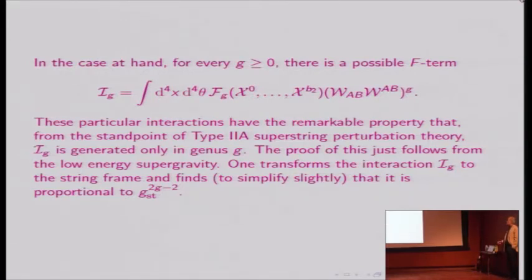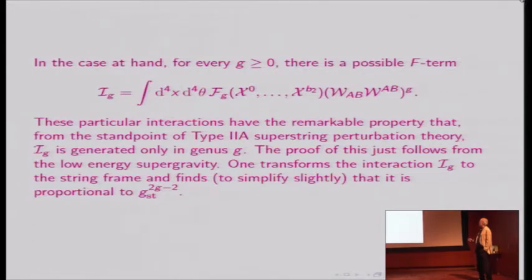And these particular interactions have an amazing property. Remember, these are interactions that can arise in type 2A superstring theory, and in type 2A they have the incredible property that I_g can only arise at genus g. The proof just follows from low energy supergravity.